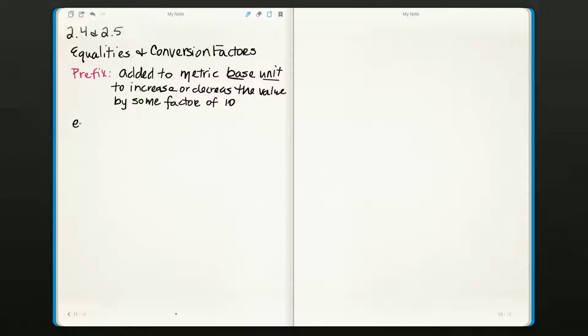Okay, so some examples, stuff that you've probably seen before, are kilo, milli, micro, mega. And you've probably seen mega for megabytes, or terabyte.